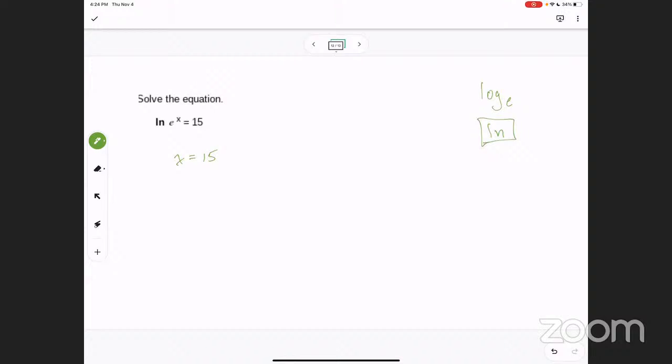Exponentials in finance and science, e is very common. It's the Euler constant, 2.7 something. That number is kind of like pi. This is such a practical number in the world.